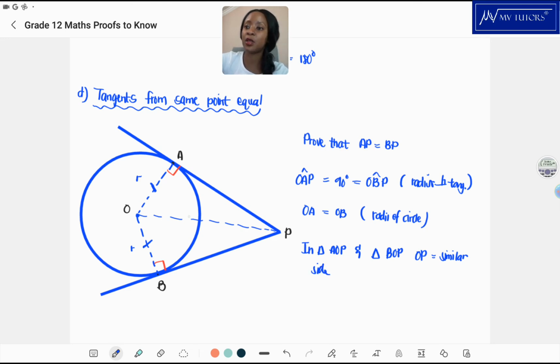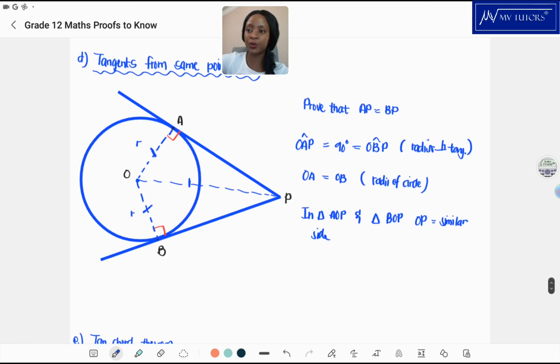If I were to sketch these two triangles separately, I would conclude that triangle AOP is congruent to triangle BOP, as we indicated with these lines.